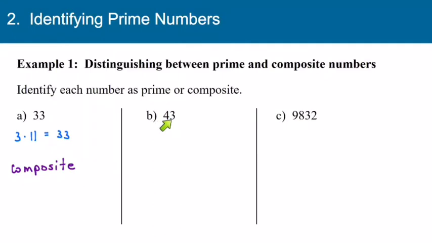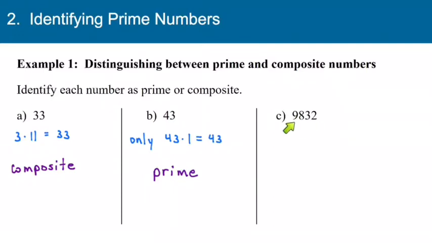Now think about the number 43. The only number that goes into 43 is 43 itself and 1. In other words, 1 times 43 is the only way to get 43. So we would say that this number is prime.